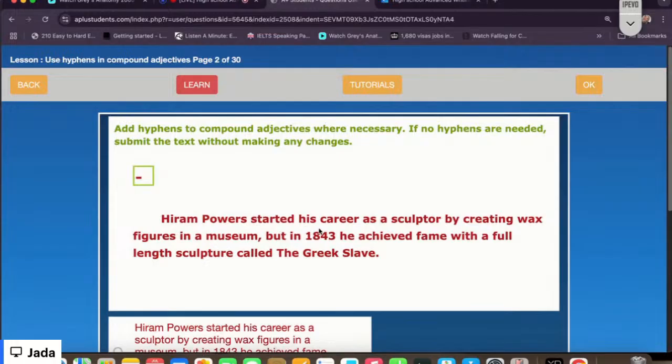Okay, Hiram Powers started his career as a sculptor by creating wax figures in a museum, but in 1843 he achieved fame with a full-length sculpture called The Greek Slave.